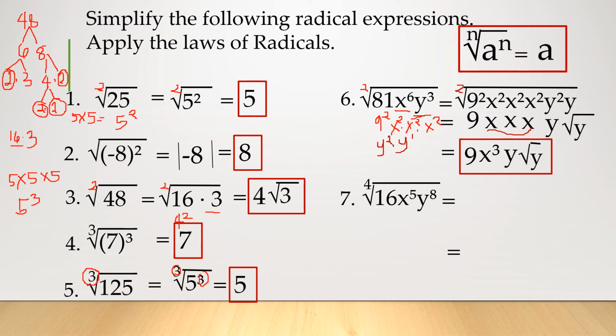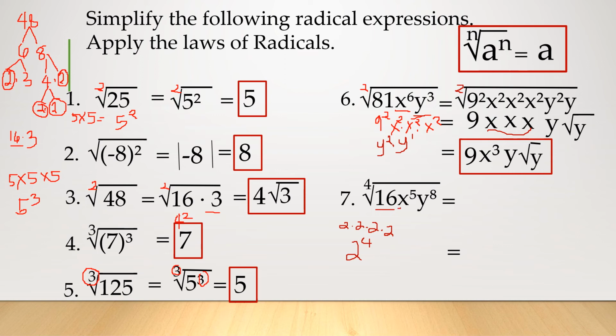What number raised to 4 gives 16? We know that 2 times 2 is 4, times 2 is 8, times 2 is 16. So the answer is 2. 2 to the 4th power is equal to 16. So now, I can rewrite this as 2 to the 4th power.